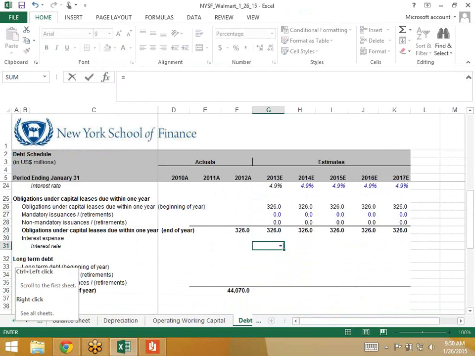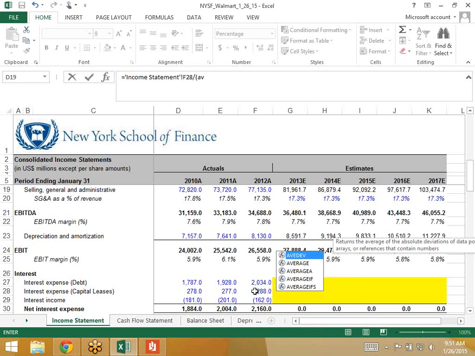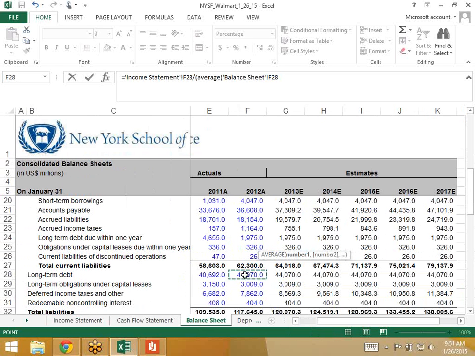I'm going to take how I assumed last year's rate was calculated by taking the income statement, the 288, it's the interest on all the capital leases, divided by open parentheses, average, open parentheses again. I might not have needed that first open parentheses, that might be redundant, but it's still working. The average of the balance sheet, the 2012 and 2011 balances.